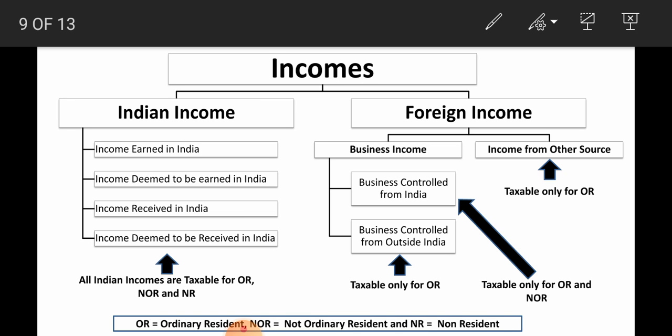Business income is again categorized into two parts, which we can understand with the help of this diagram: business income where the business is controlled from India, or the second case where the business is controlled from outside India.